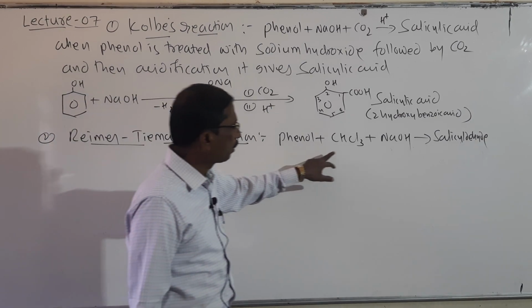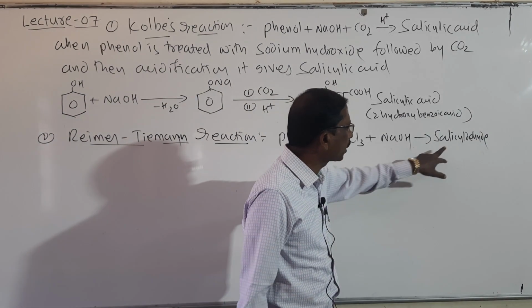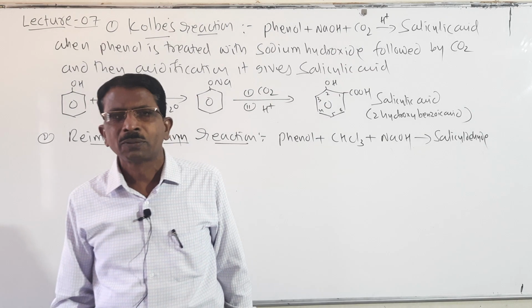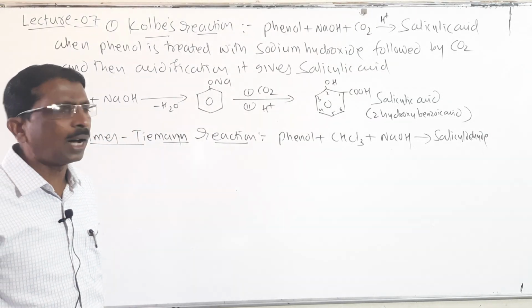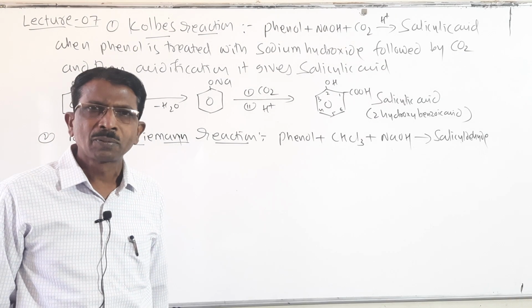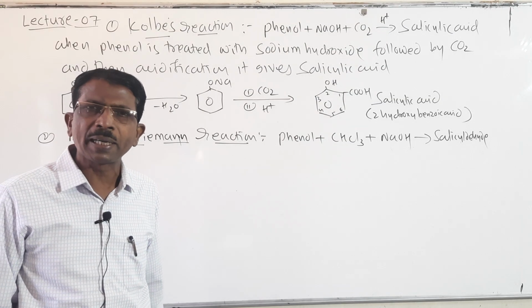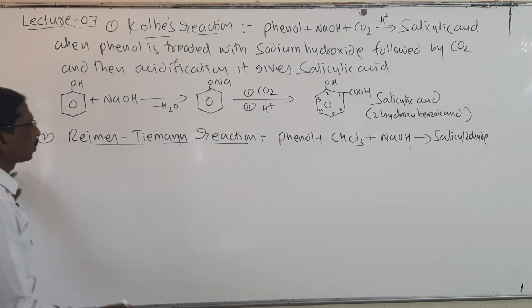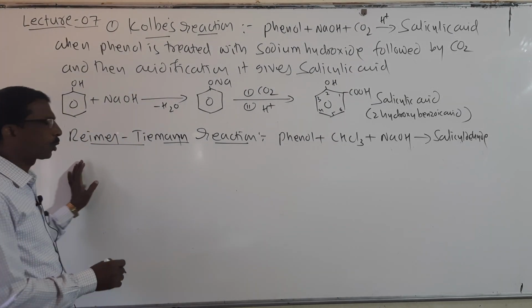When phenol is treated with chloroform in the presence of sodium hydroxide, it forms salicylaldehyde, 2-hydroxybenzaldehyde or 2-hydroxybenzene carbaldehyde. It also carries a 3 marks question.